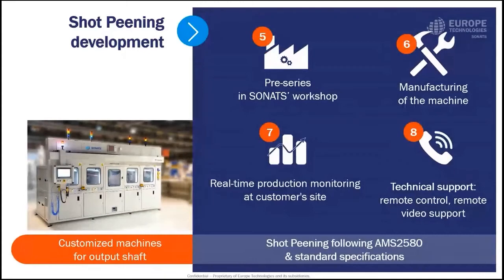After customer approval, we can perform shot peening at SONATS company, and or we can manufacture and design a specific machine. We are able to perform the commissioning at customer site worldwide, and for any assistance, we can provide technical support.